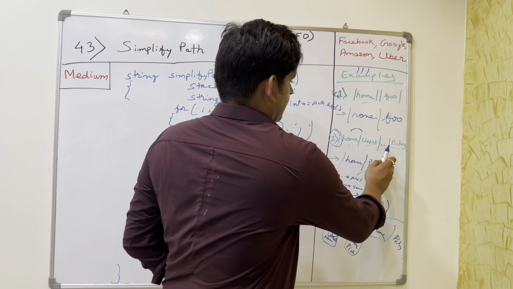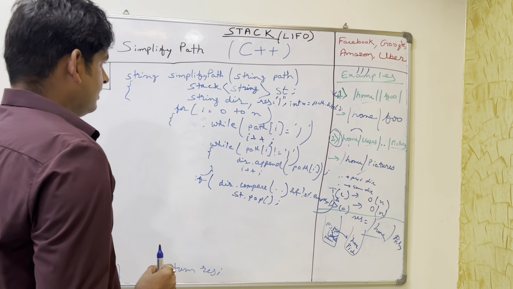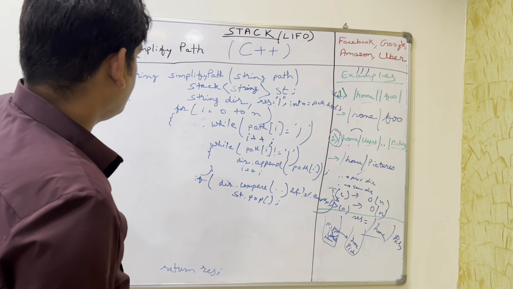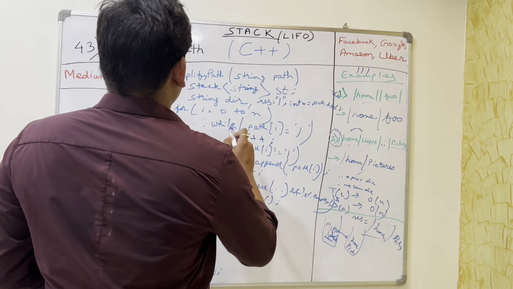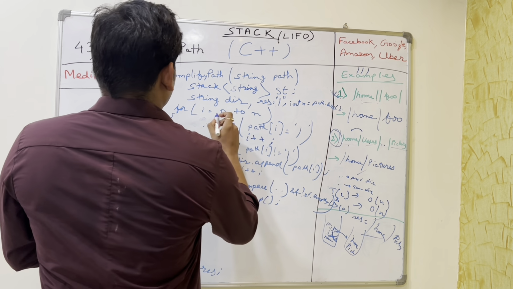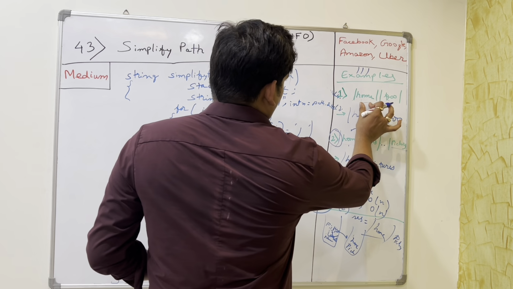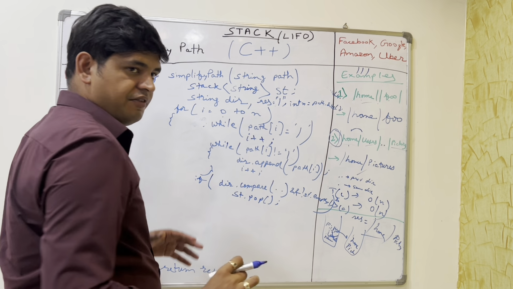For example, here in this case, if we get this in the directory, whenever we are traversing in the loop, every time we will be adding to the directory, so from home and foo it will be appended every time, right?